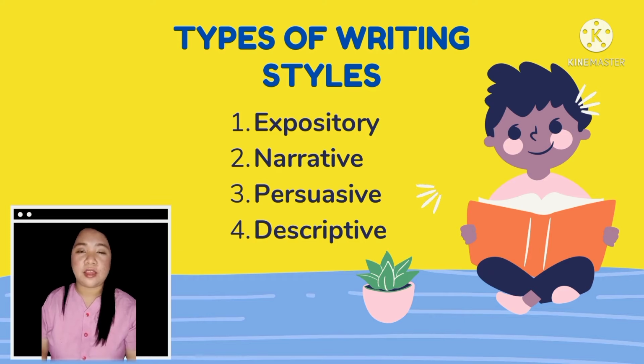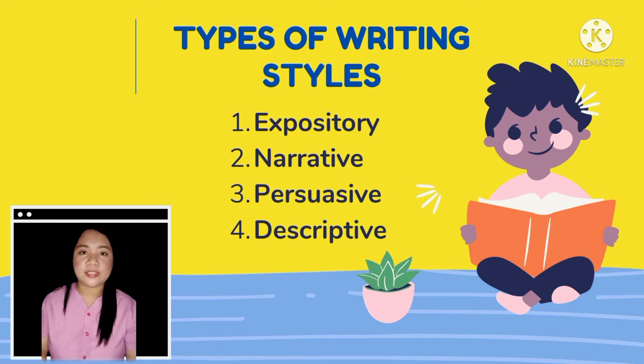A single paragraph can be a combination of an expository writing and persuasive, or a single paragraph may contain descriptive writing style and persuasive writing style. Remember that the writing style that the writer may use in a text varies depending on the intention of the writer in sharing his or her information.